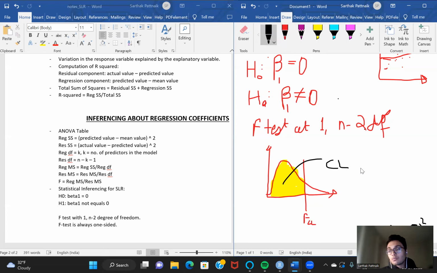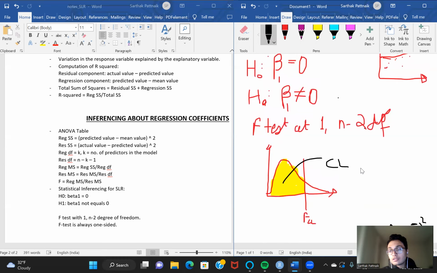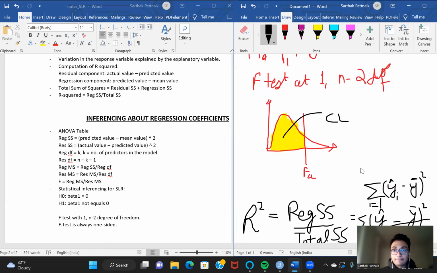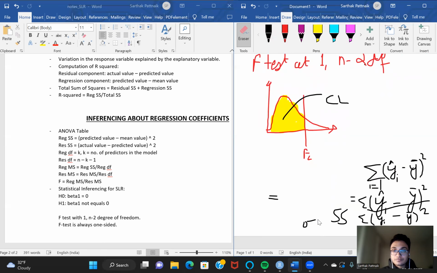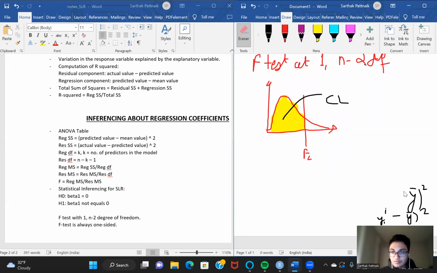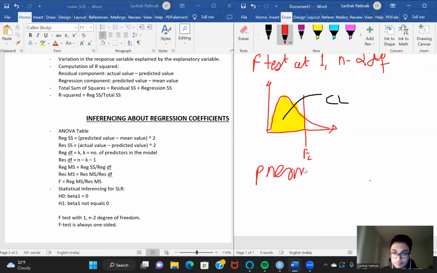So now how do we do this using R? Now in R, you saw the functions we have for Z test and for T test, right? So you saw pnorm, qnorm.